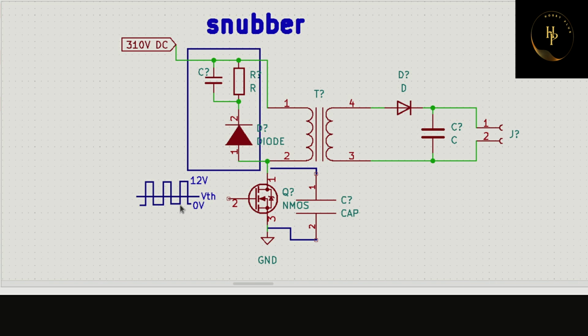But when the MOSFET is on, then the total voltage goes to ground through this MOSFET. I think you understand that. So no voltage goes this way because that is a short path, so this voltage goes this way.